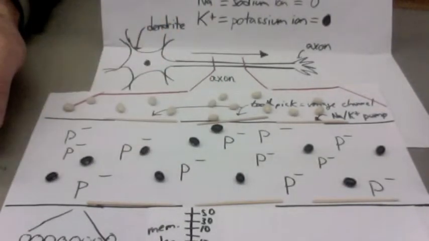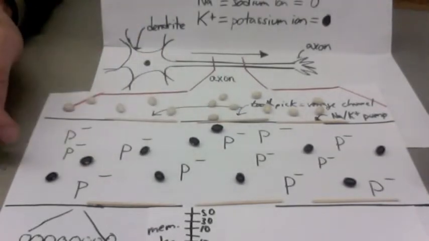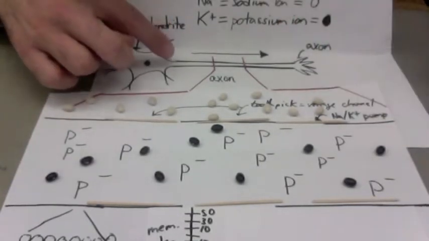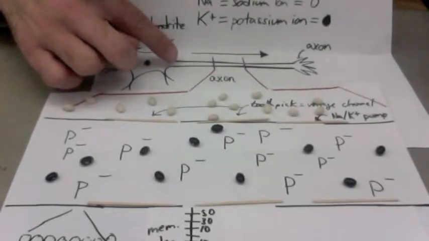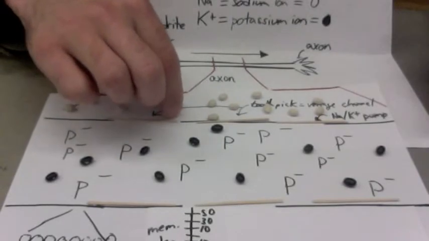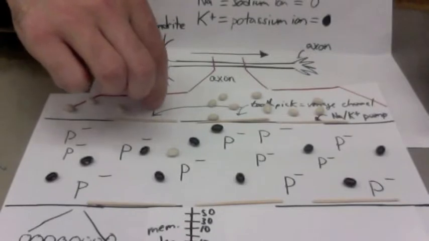So upon stimulation, a message would be sent to the axon, which would start the process by opening up the gates, allowing some sodium inside.